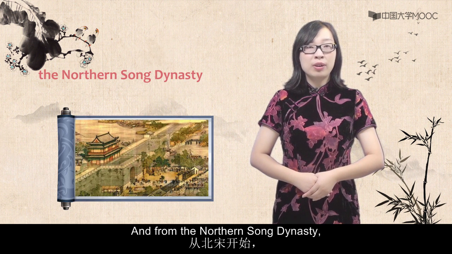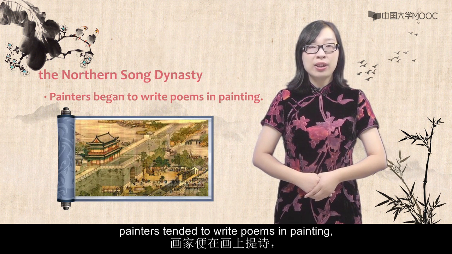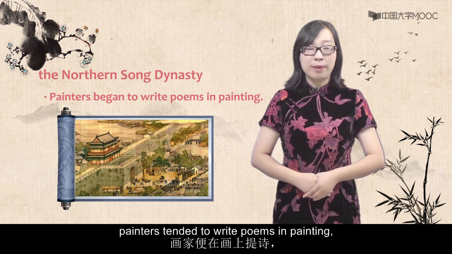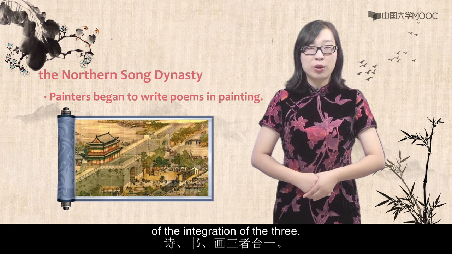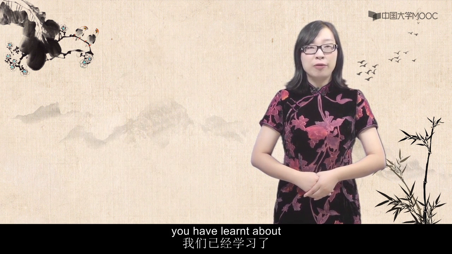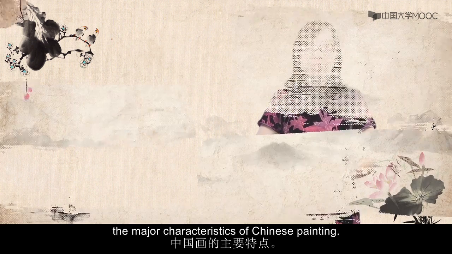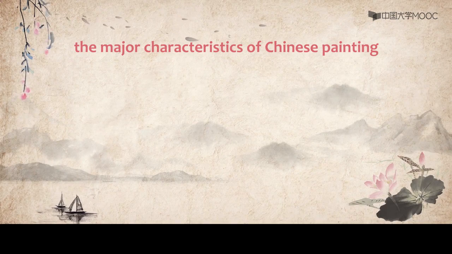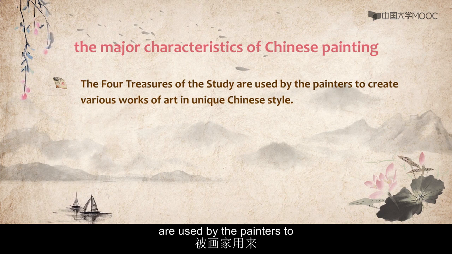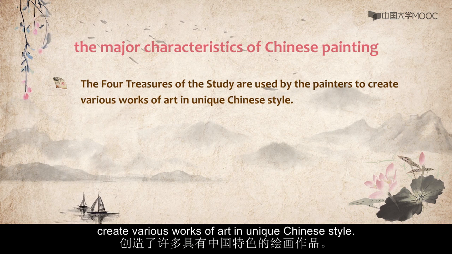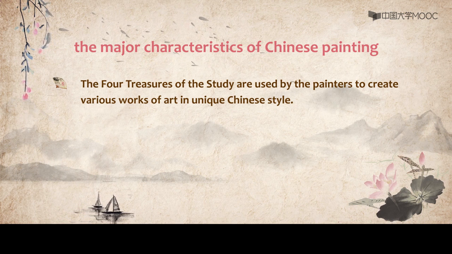And from the Northern Song dynasty, painters tended to write poems in painting, which is an exact example of the integration of the three. Up till now, you have learned about the major characteristics of Chinese painting. First, the four treasures of the study are used by the painters to create various works of art in unique Chinese style.